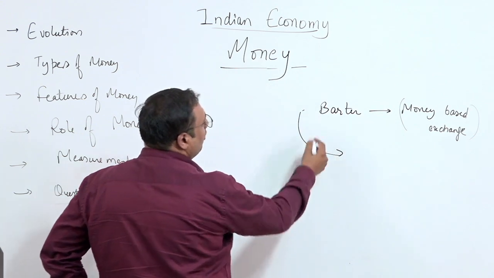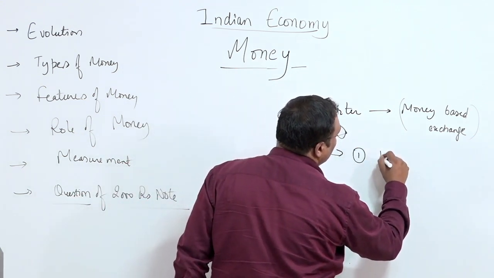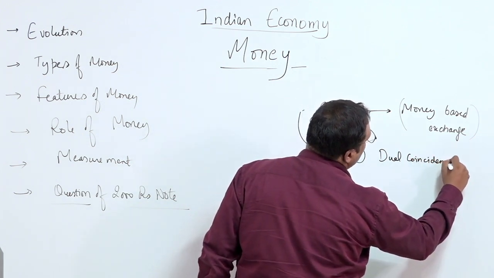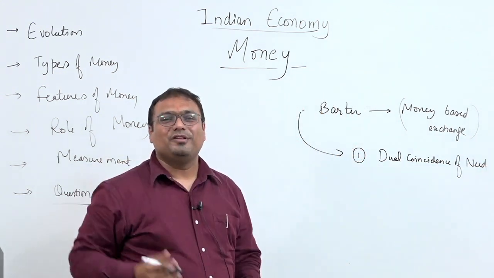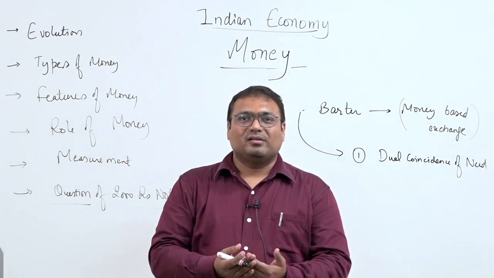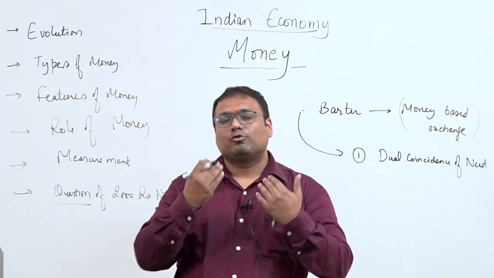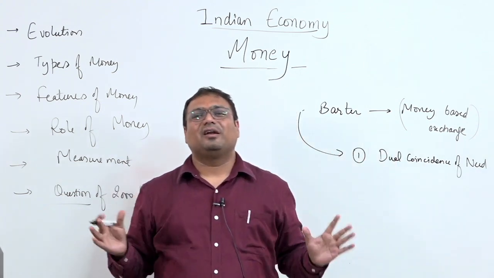Barter had the following problem. First of all, barter requires dual coincidence of need. What is dual coincidence of need? It means that if you want to buy something from me, I also need to have a need for what you have brought. To understand that, let us use an example.